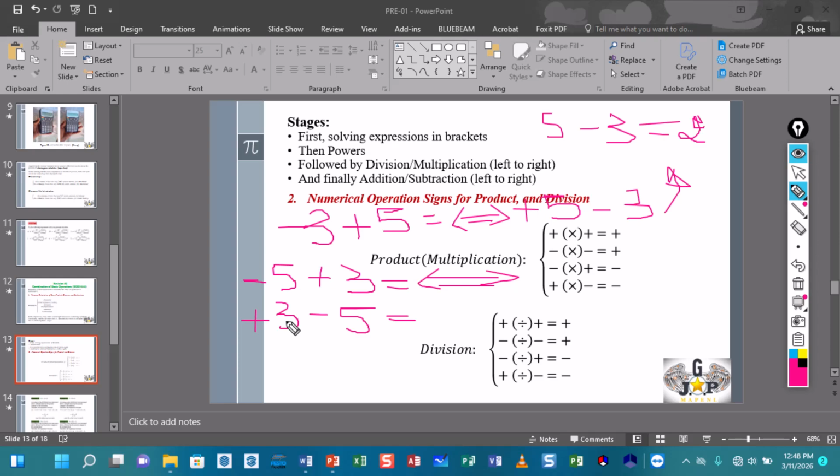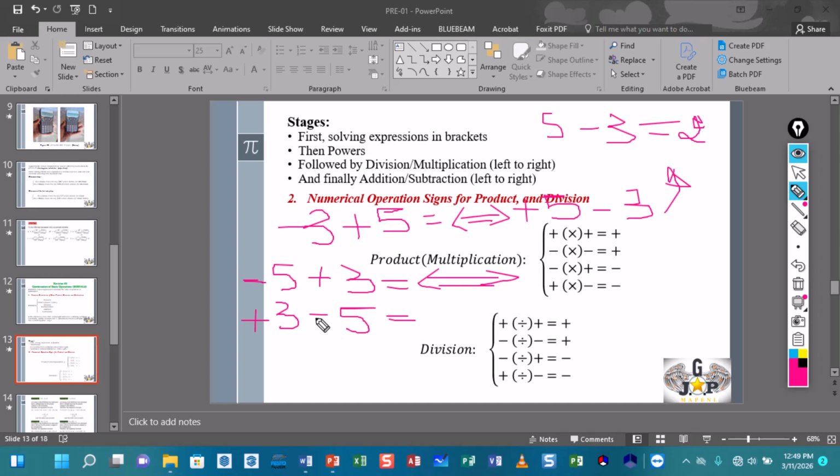This is about your understanding of the sign logic. So you have plus 3 minus 5. You check the numbers first. You have a small number with a positive sign, and a bigger number with a negative sign.